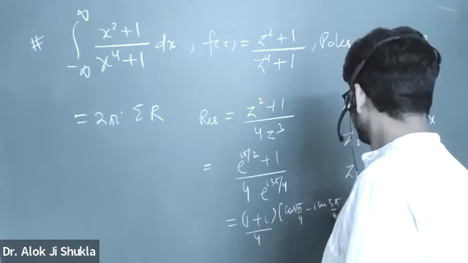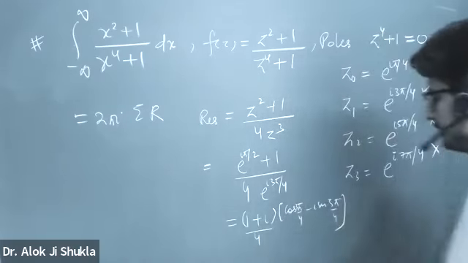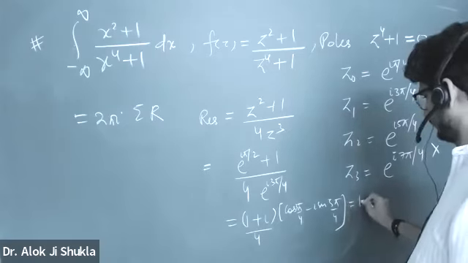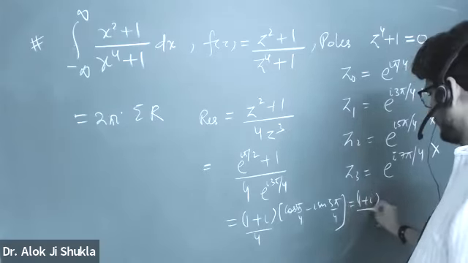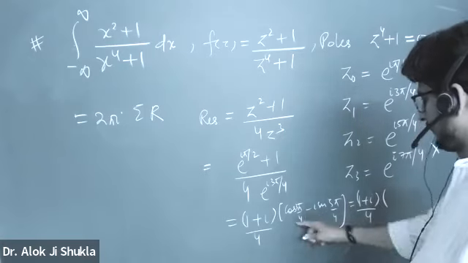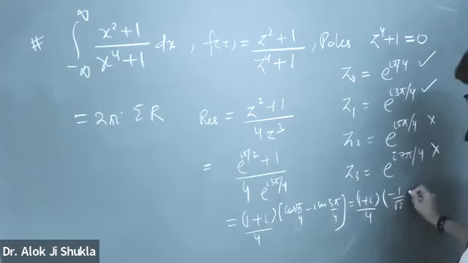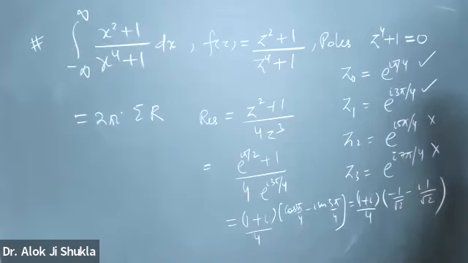So it will be (1 plus i) by 4 times (minus 1 by root 2 minus i by root 2).